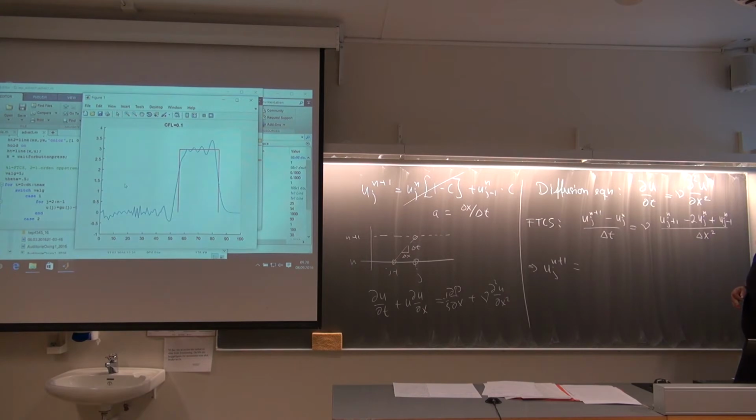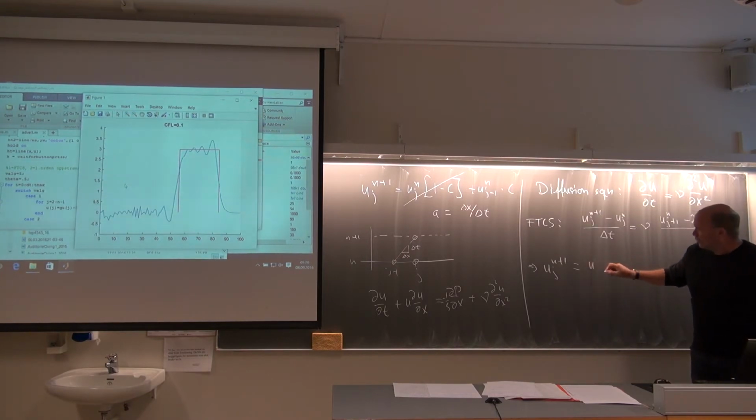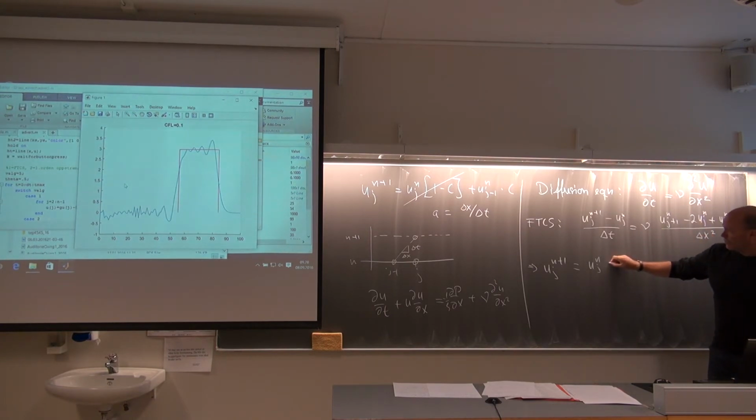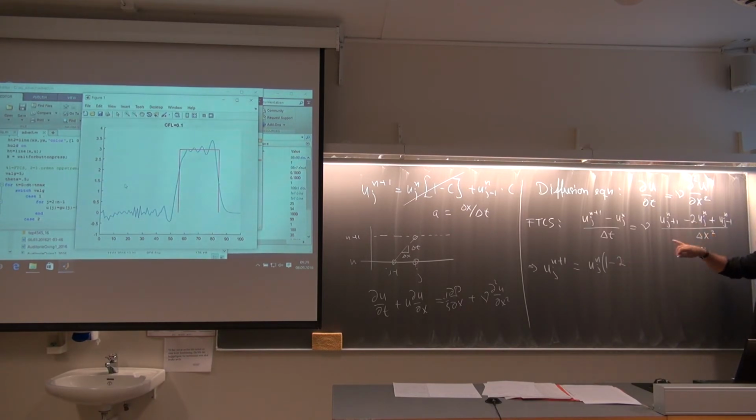So what do we get on the other side? You will have u_j^n, and then from this term, but we have something here as well, so it will be 1 minus 2 times r, where r is delta t times viscosity over delta x squared.